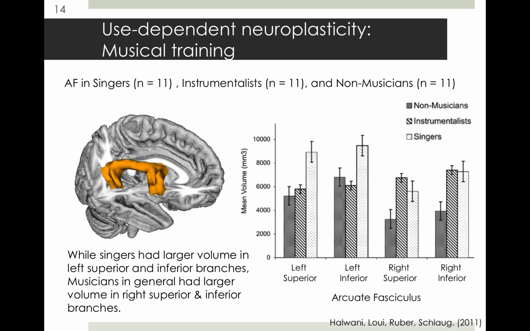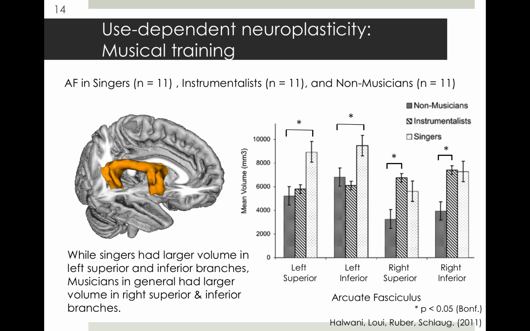The general findings were, and here I'm plotting the volume of the arcuate fasciculus, which we had segmented into a few different branches: superior and inferior, dorsal and ventral branches in the left hemisphere, and the same in the right hemisphere. Singers tended to have larger volume in the left arcuate fasciculus, both superior and inferior, but both groups of musicians, regardless of what kind of musical training they had, showed a larger right hemisphere arcuate fasciculus.